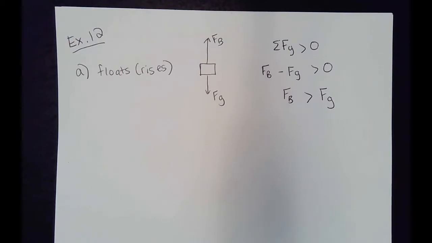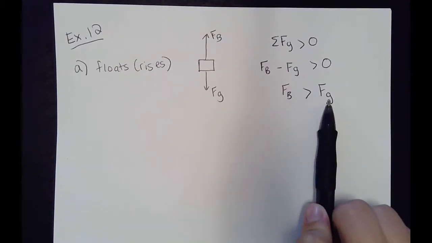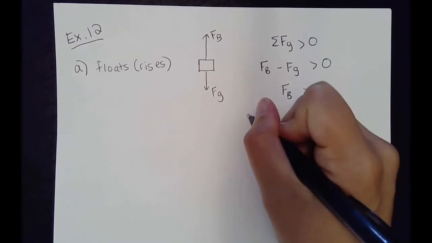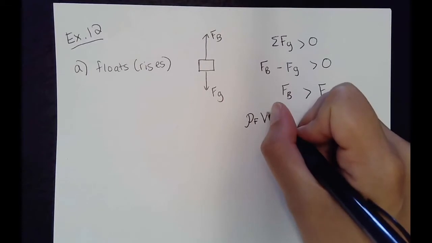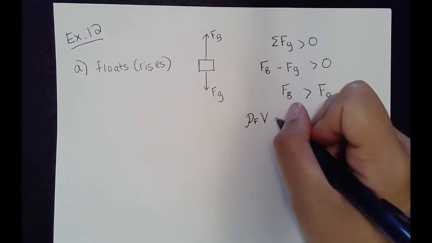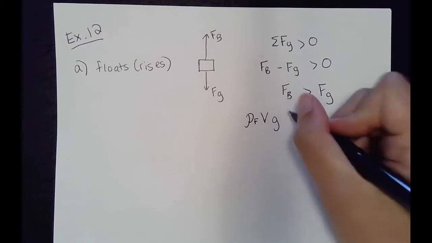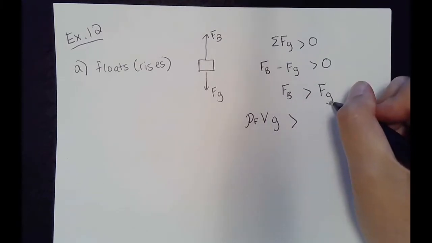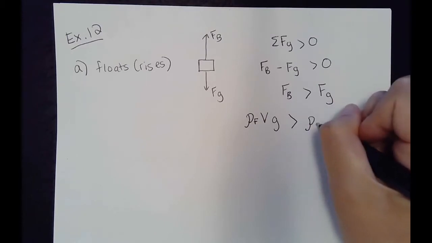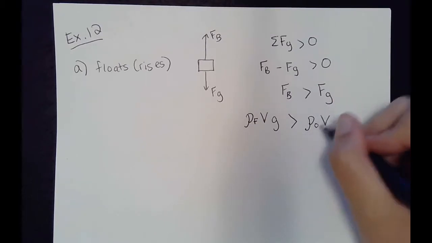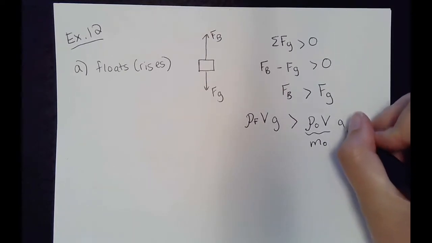And we want to find a relationship between the densities, so let's write each of these forces in terms of the density. So I'll have ρ_F, the density of the fluid, for the buoyant force definition, times the volume of the fluid displaced, and it's completely submerged, so that's the entire volume of the object, is greater than the weight of the object. For the weight of the object, we can write the mass as ρ_O V, so this is all the mass of the object, and then times g.